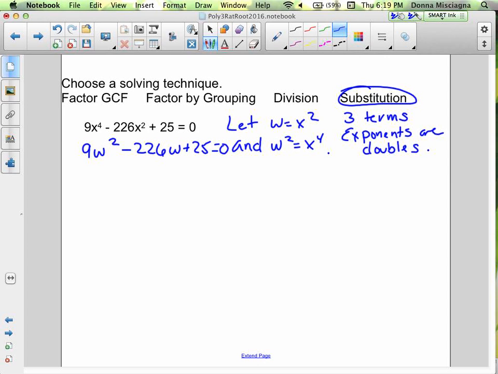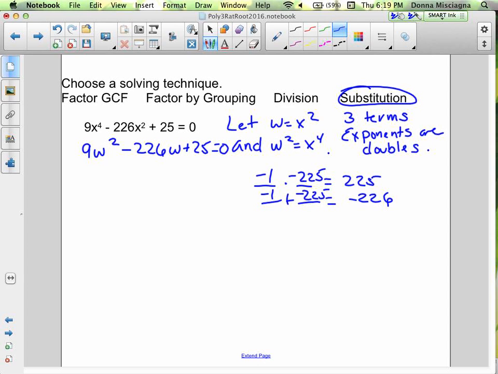So 9 times 25 is 225. 200 plus another 25. So what multiplies to give us positive 225 and adds to give us negative 226? Well, gee, that shouldn't be too difficult, huh? That would be negative 1 and negative 225.